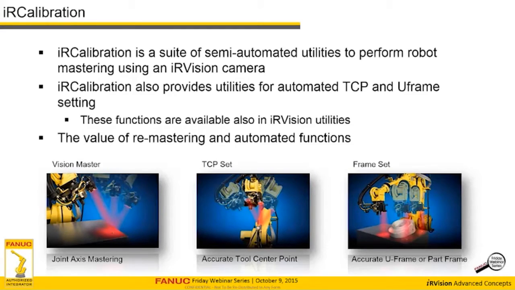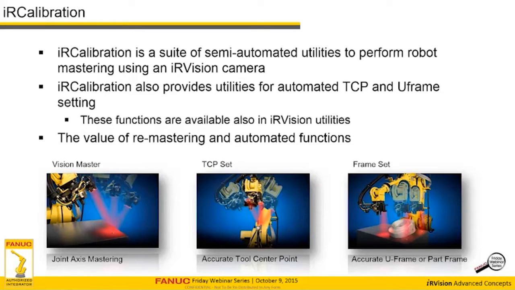It provides utilities for robot mastering, but also utilities for automated, or at least semi-automated, tool center point and U-frame setting. Very valuable for precision applications. And I should note that the functions of automated tool center point and U-frame setting are also available in iRVision utilities if you only have iRVision and do not have the IR Calibration option.